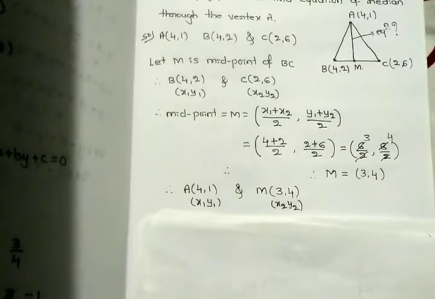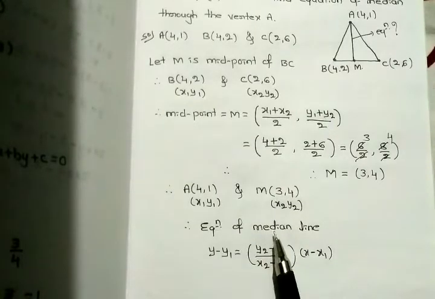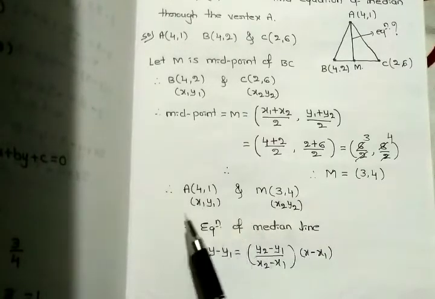Therefore, apply the equation of the median line: y minus y1 equals (y2 minus y1)/(x2 minus x1) times (x minus x1). This formula we are going to use because we know 2 points.